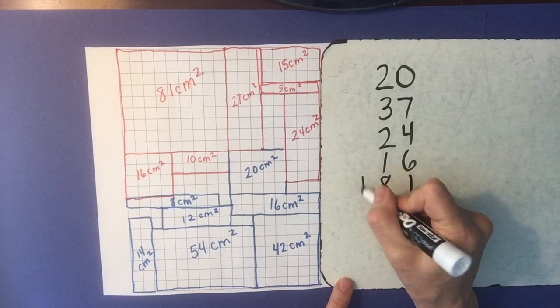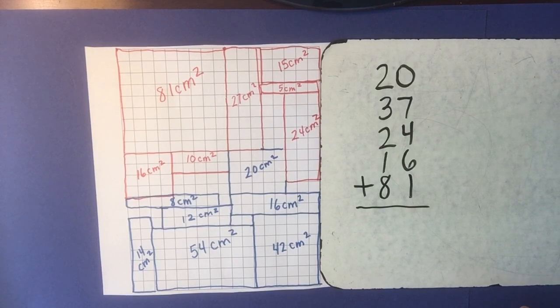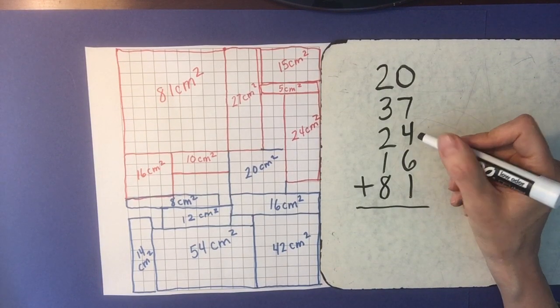So I want you to write these numbers down, and I want you to go ahead and add those up and see what your total is. You can go ahead and pause the screen, and I will total this up for you, and then we can check our answers together. Okay, so if you've already calculated, I'll just show you what I'm doing.